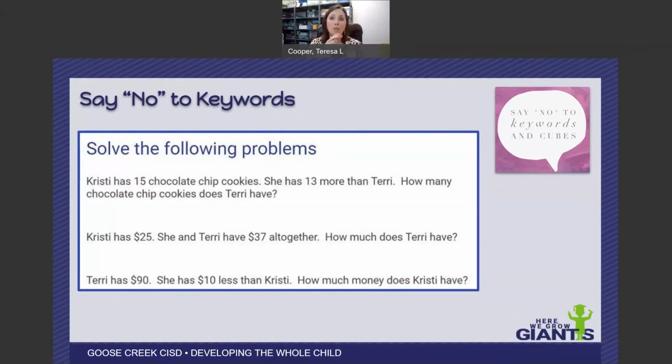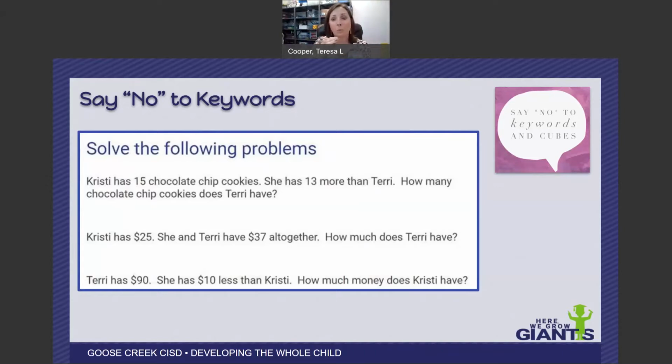So this is just a good reminder that we're not going to teach keywords. We are going to teach kids to act it out, explain it, talk about it, draw pictures about it, to understand what's going on in a word problem, not look for keywords like more than, less than, altogether.